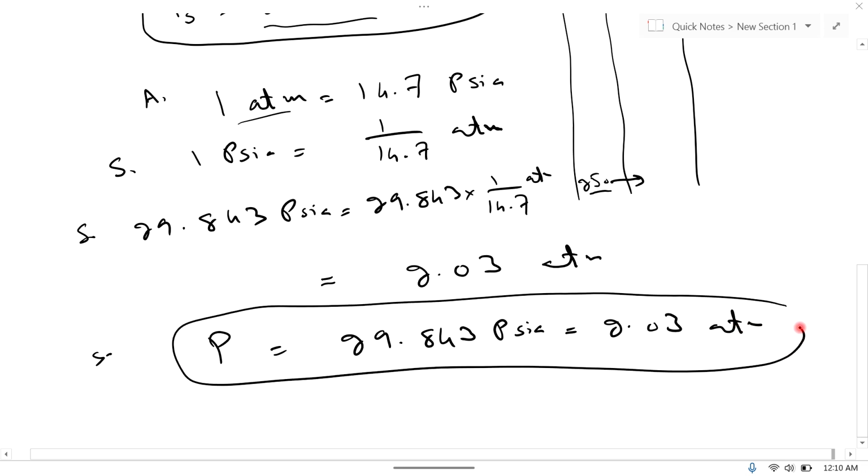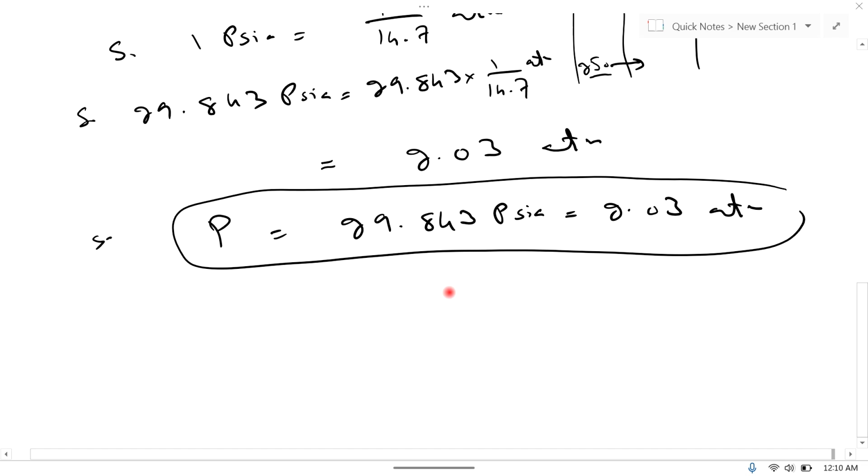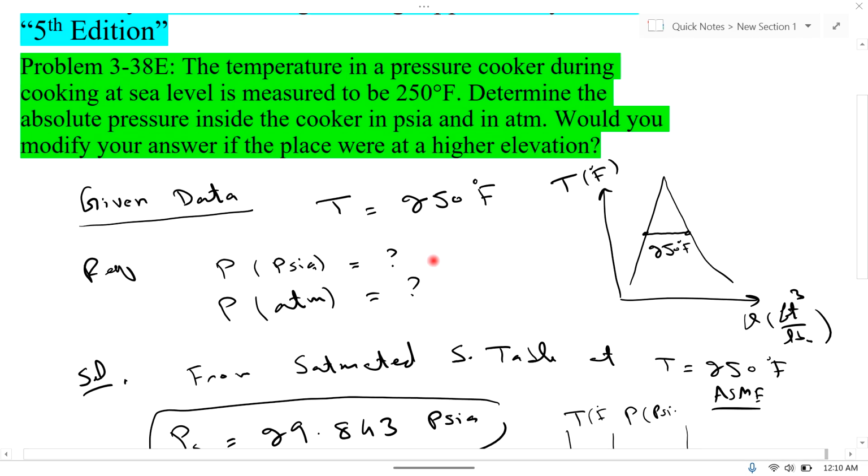Now the last part of the problem is, would you modify your answer if the place were at a higher elevation? It means that if we place the pressure cooker at a higher elevation, what will be the effect on the absolute pressure? There will be no effect on the absolute pressure because the temperature is constant in the pressure cooker.